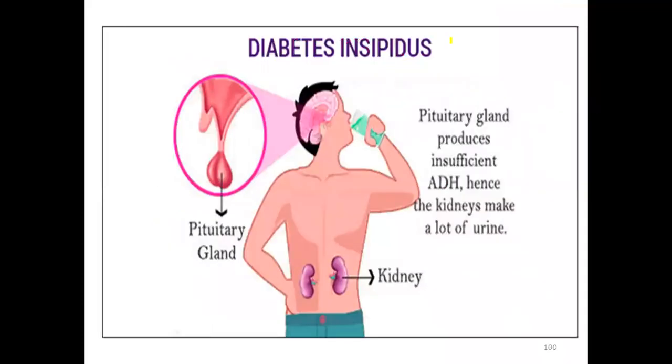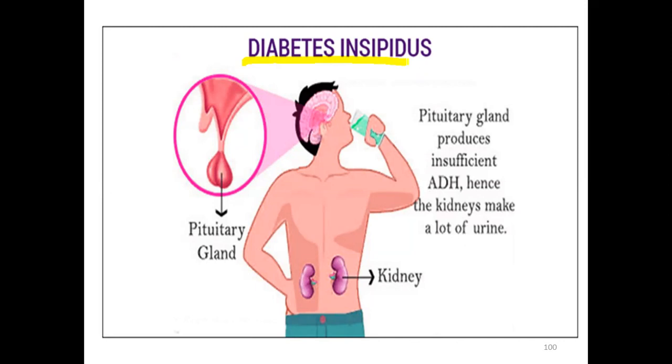So when a patient has a deficiency of antidiuretic hormone, the patient will have a condition known as diabetes insipidus. Don't confuse it with diabetes mellitus. Those two things are actually different. This one we call a water disorder, but the other one is related to sugar.